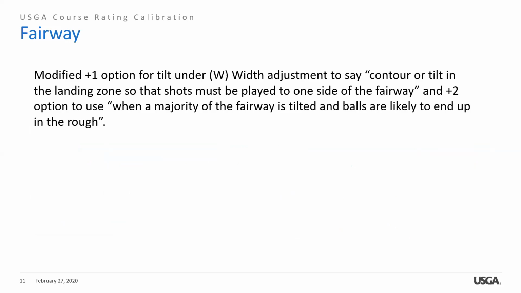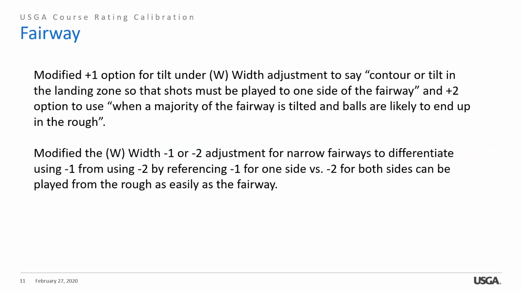We've also made a couple adjustments to the adjustments, I guess. We've modified the +1 option for tilt under the W or width adjustment to say contour or tilt in the landing zone so that shots must be played to one side of the fairway, and a +2 option to use when the majority of the fairway is tilted and balls are likely to end up in the rough.